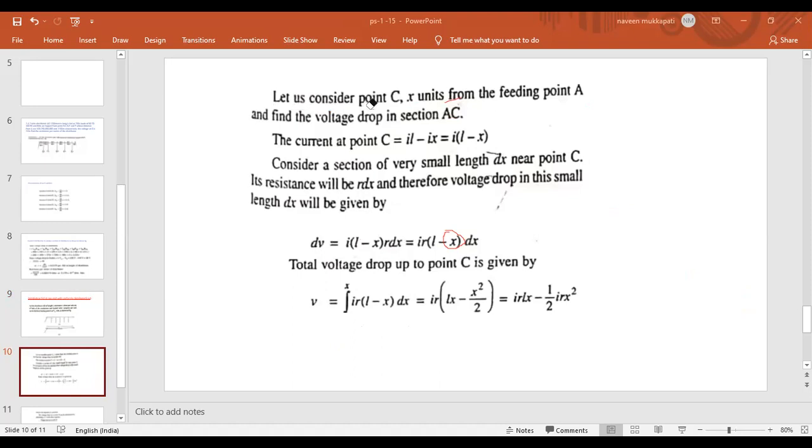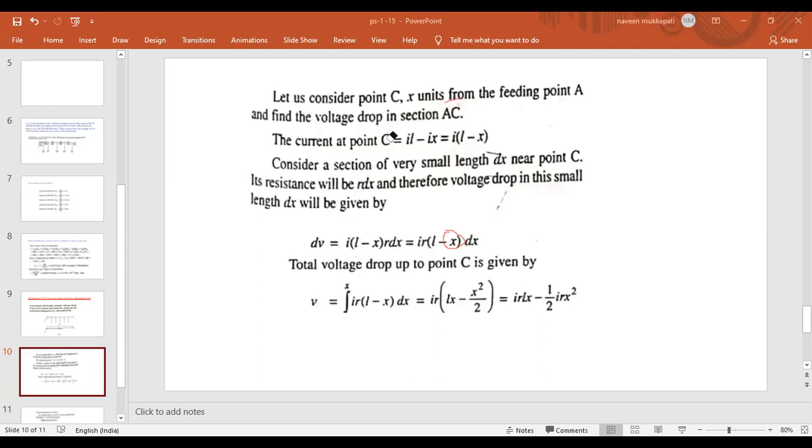Let us consider a point C, x units from the feeding point A, and find the voltage drop in the AC section. The current at point C is equal to IL minus IX.